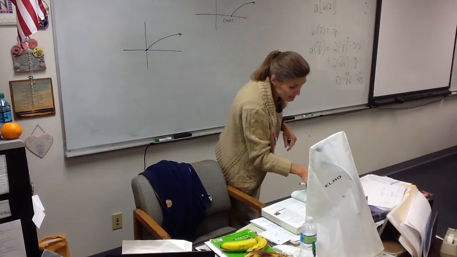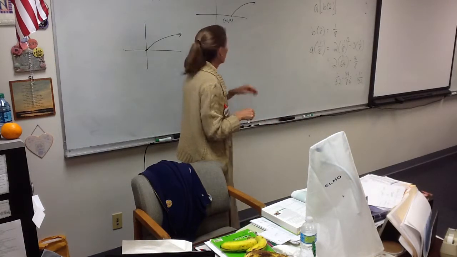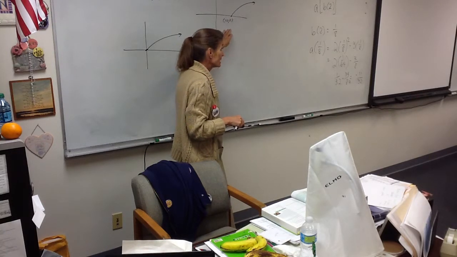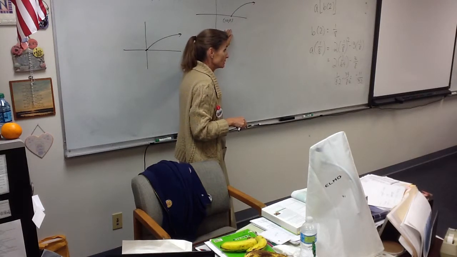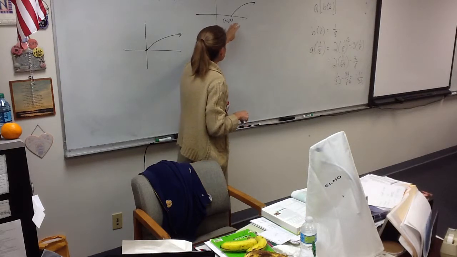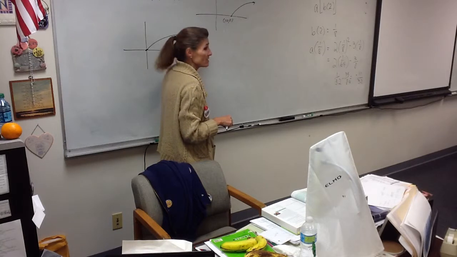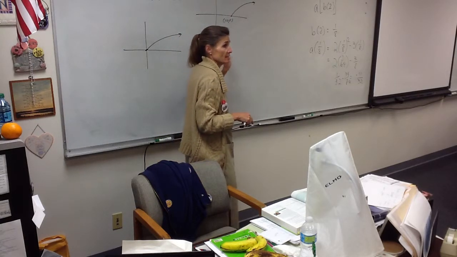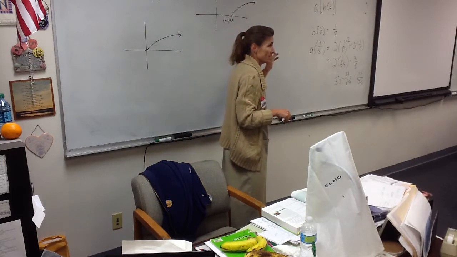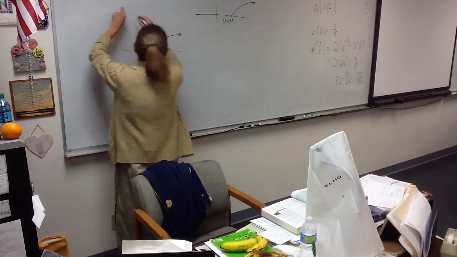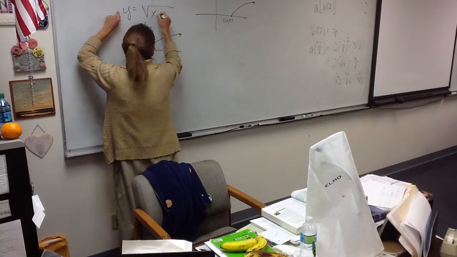Is it odd, even, or neither? Well, you can tell from the picture that it doesn't have any symmetry, because if it had symmetry, it would have to have a piece over here or a piece down here somewhere, right? And it doesn't. So it's not even or odd. It's neither. If you want to go ahead and do your tests and plug in your signs, you absolutely can.